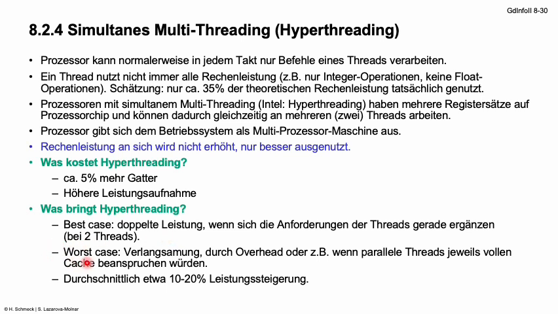In the worst case, it can lead to slowing down because of the overhead. For example, if you have parallel threads that want to use the full cache at the same time. And in the average case, we get something in the range of 10 to 20% performance increase.